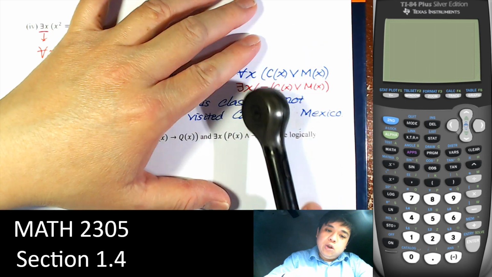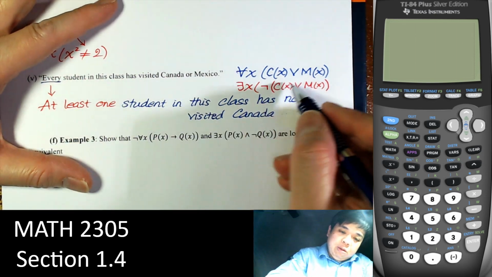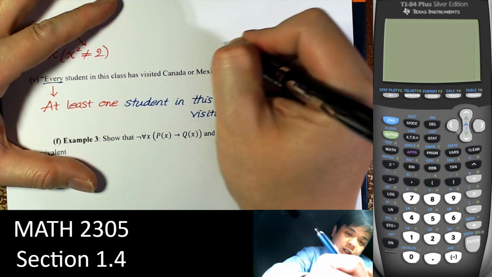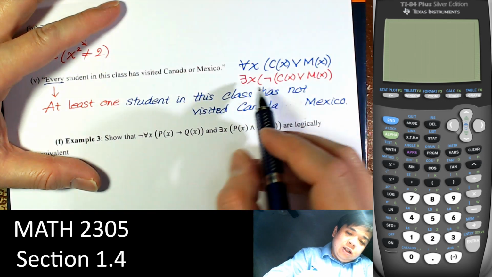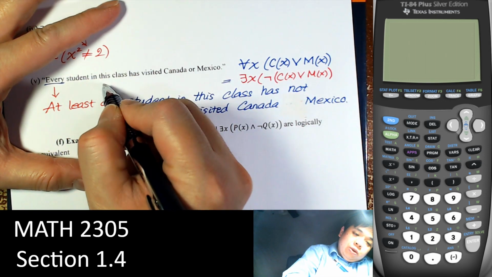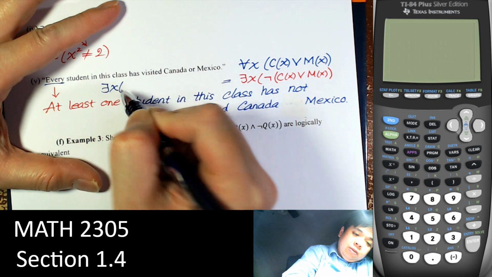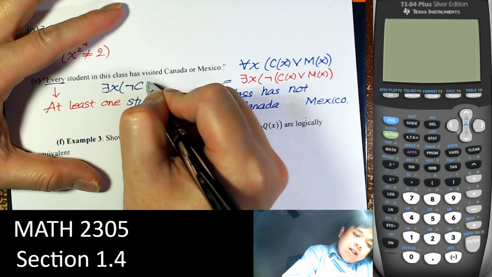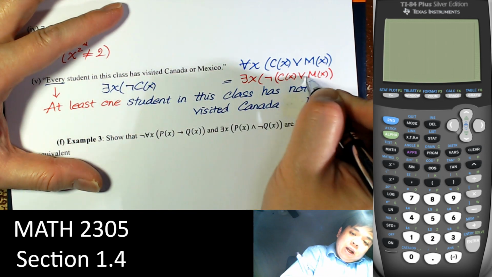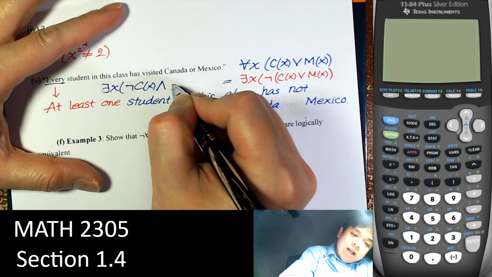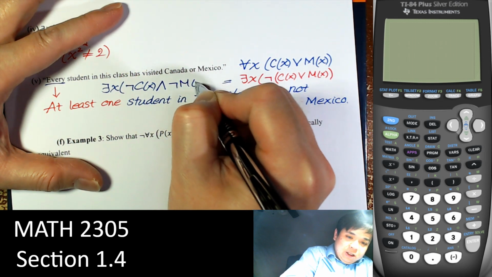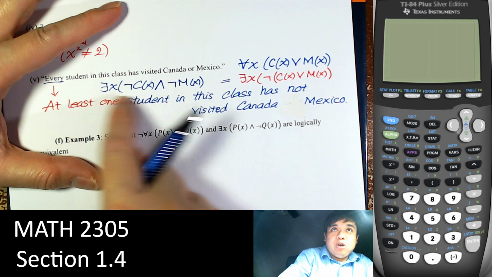This is equal to not Canada, and De Morgan's law says we have to turn that upside down, not Mexico.